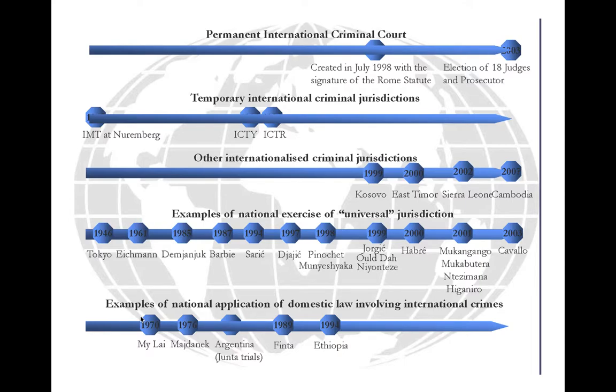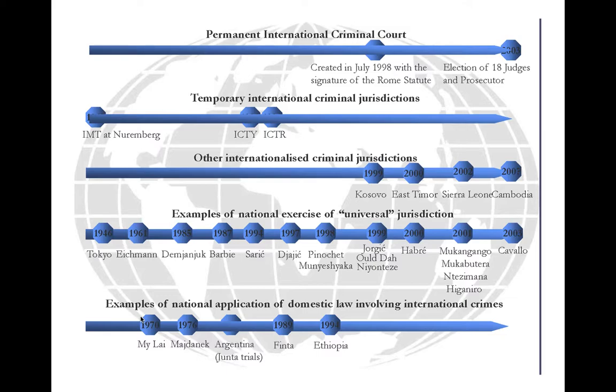If we look at the various international efforts to hold individuals accountable, this is a suggestive list. One is the International Criminal Court, the 98 Rome Statute, coming into force in 2003. Then a few temporary international criminal tribunals were established.